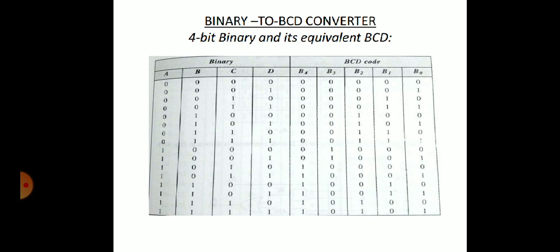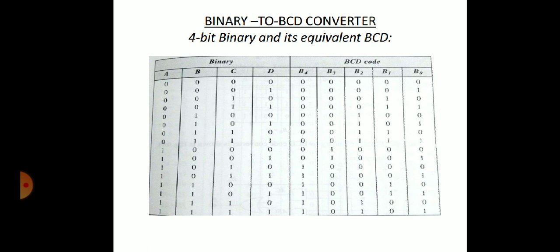Then the second digit 0 is represented by another 4 bits, 0000. So here you can see in the binary columns, when it represents 10, the BCD code will be 10000.